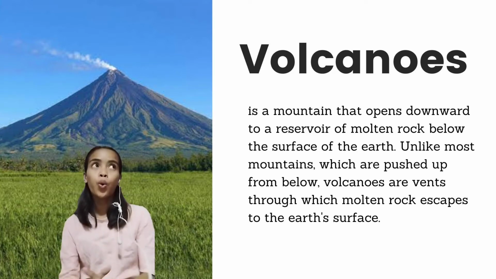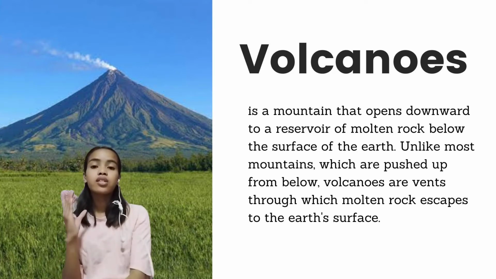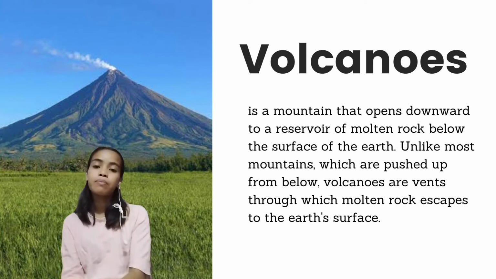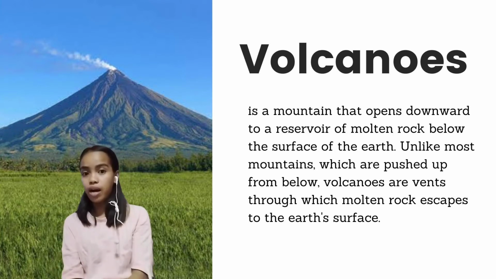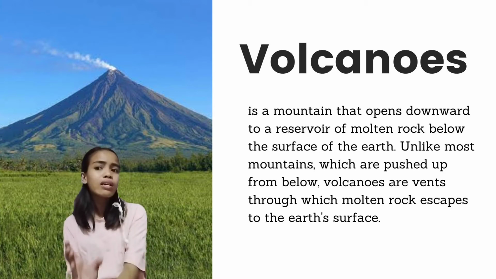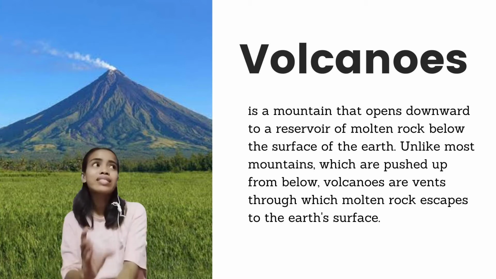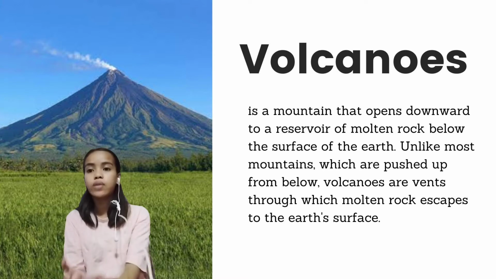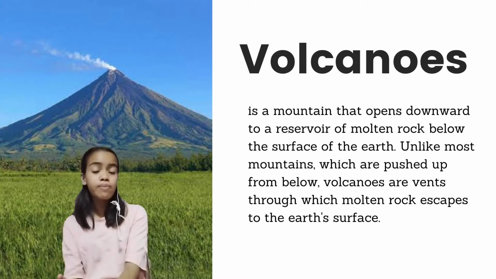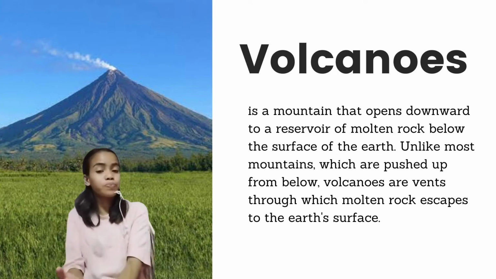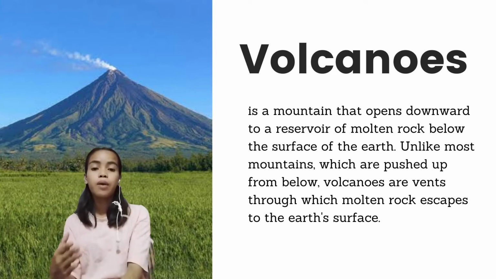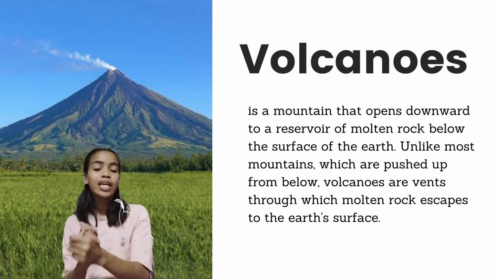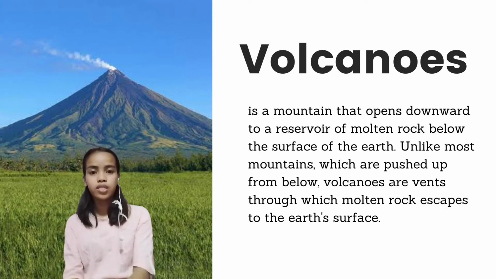As we all know, volcanoes contain lava, magma, molten rocks, fragments, and so on. So the question is, why do volcanoes form? It's because of an eruption. If there's an eruption, there is a volcano landform. So that is all about volcanoes.